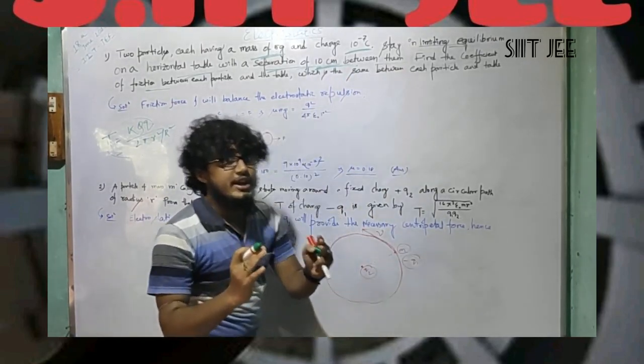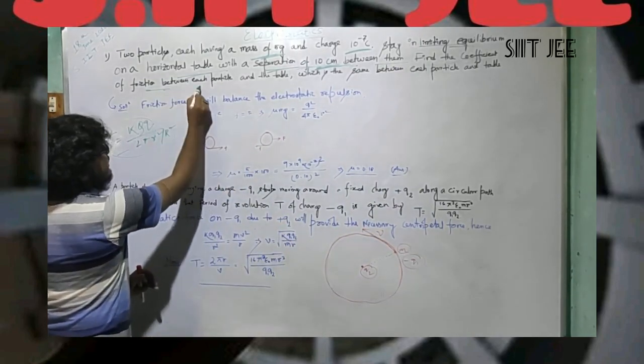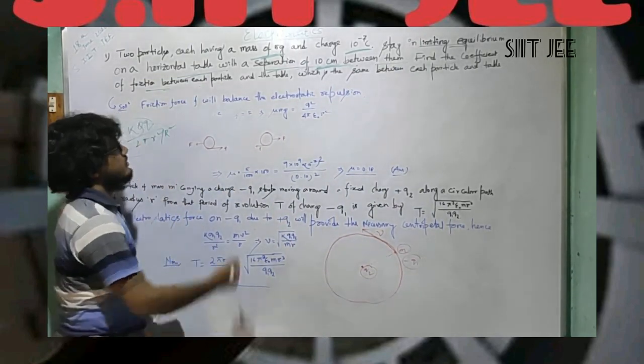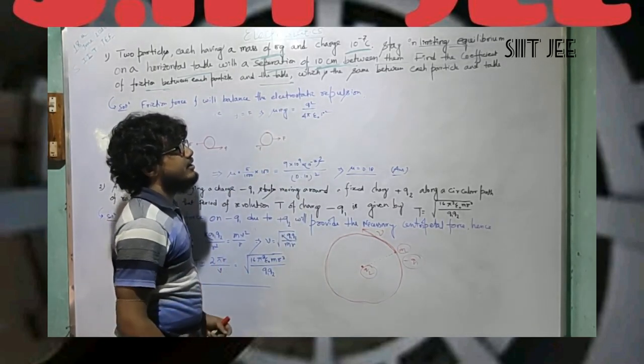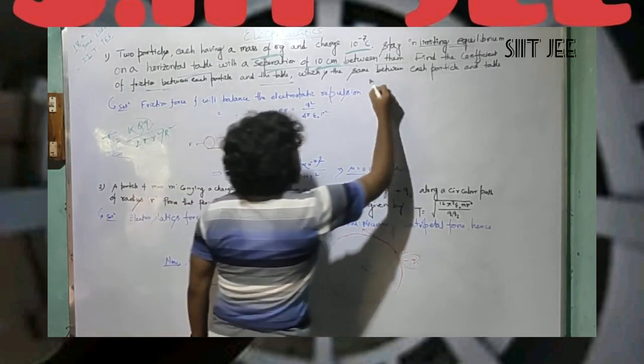Find the coefficient of friction between each particle and the table, which is the same between each particle and table.